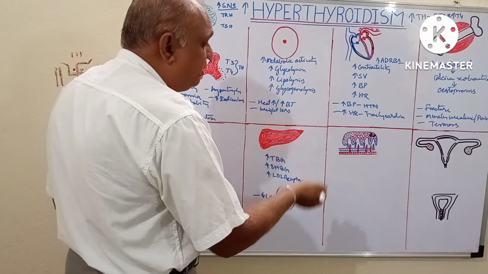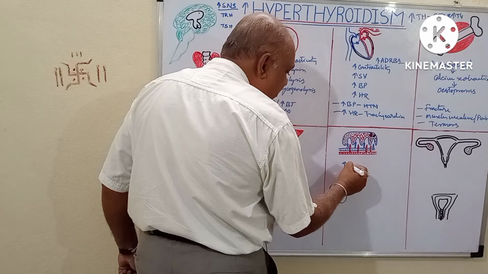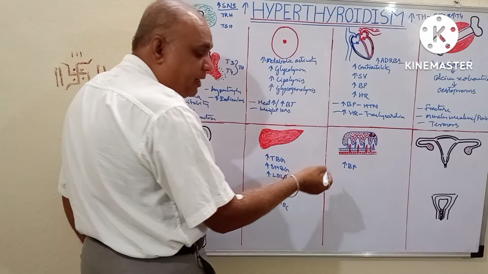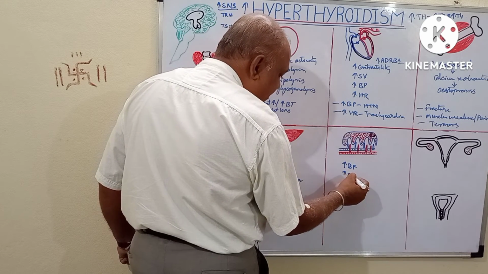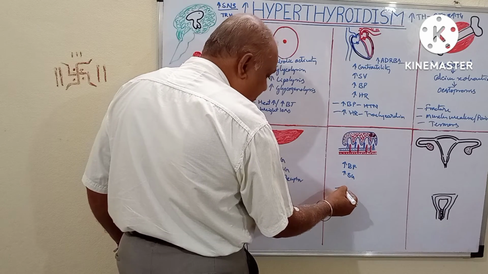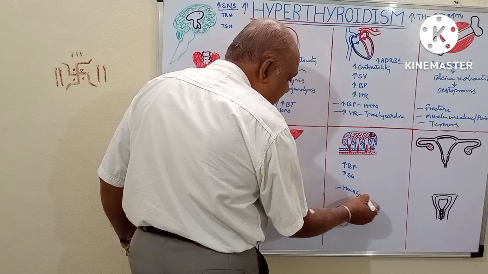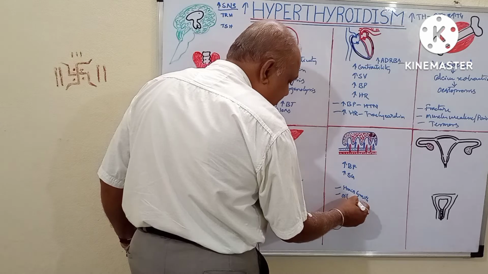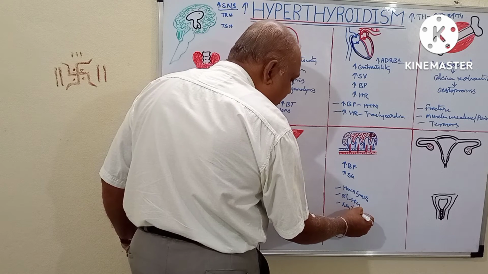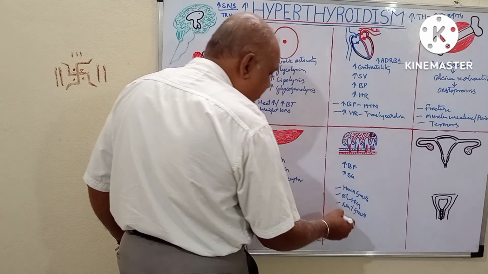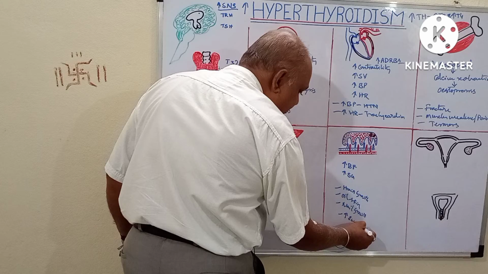Now, on skin, the increased thyroid hormone levels will increase the blood flow to the subcutaneous veins and increase the secretion of sweat glands, due to which there is a possibility of hair growth, oily skin, nail growth, and increased sweating.